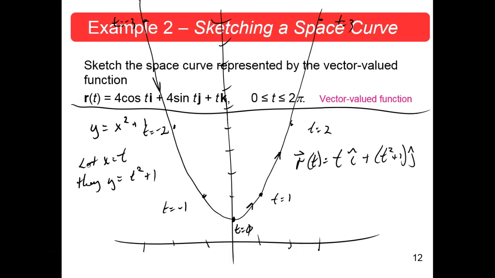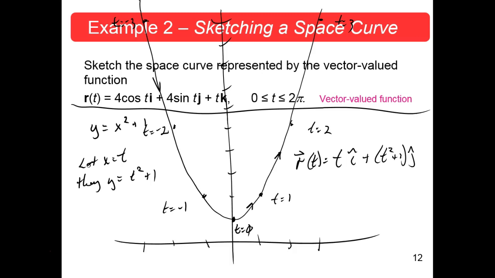Question. Yes. On the t squared plus 1. Mm-hmm. Right here or over there. Okay, yes. Yeah. This is your x value. Let that be, because that's the most complicated thing in here, the x equal t. Okay.